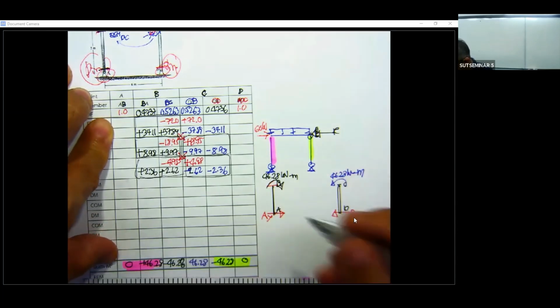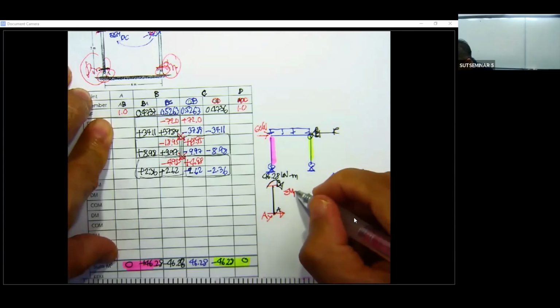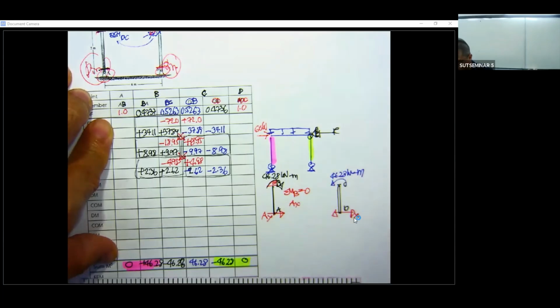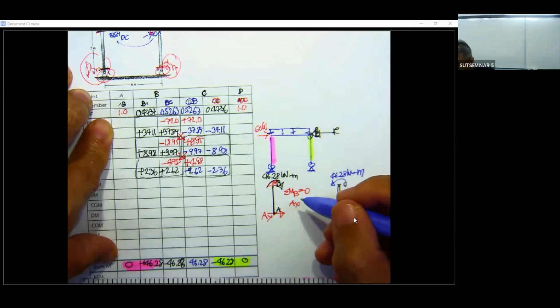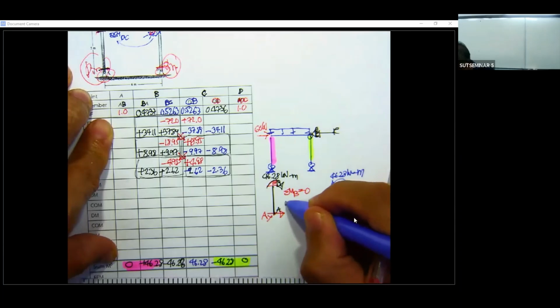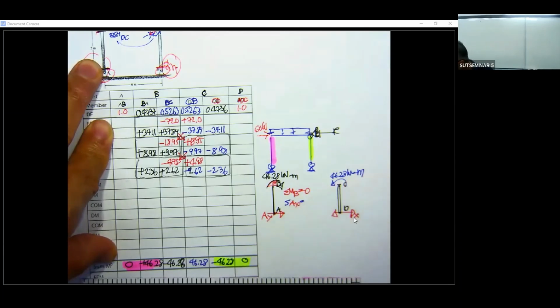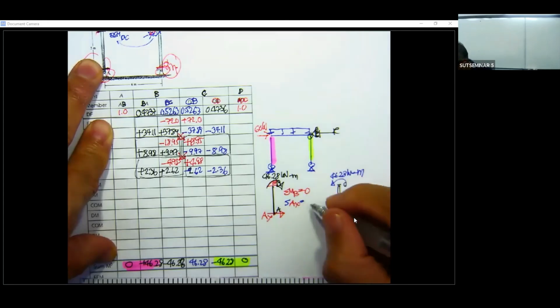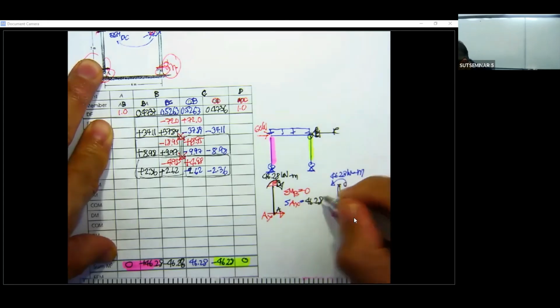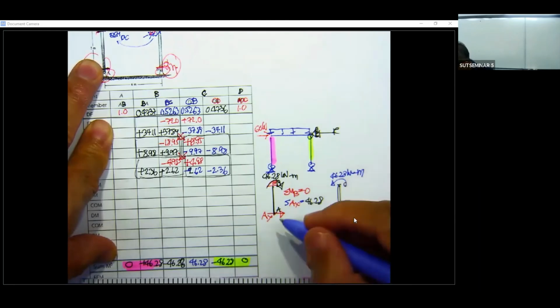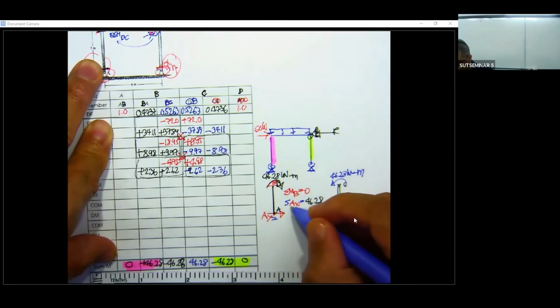It's 0. So your summation of moment at point B equals 0. Your A sub X is going to times this one for 5 meter. Okay, and then it's going to be equal to 46.28. Now you're going to have A sub X equal to 46.28 divided by 5.